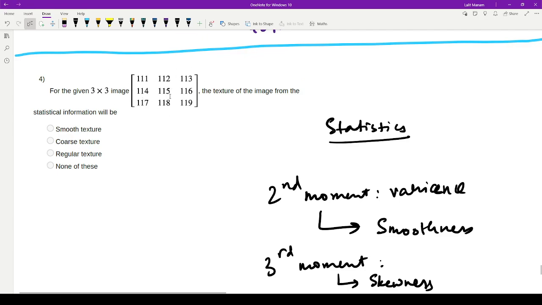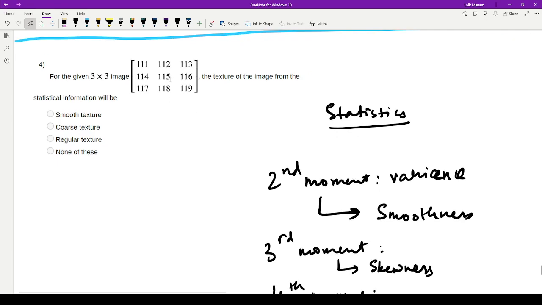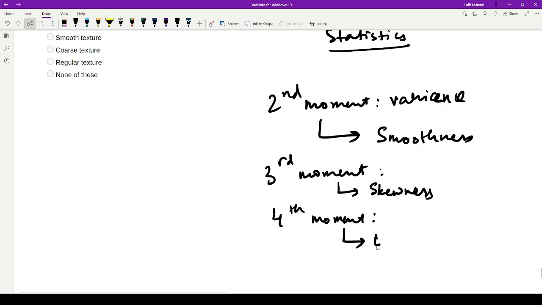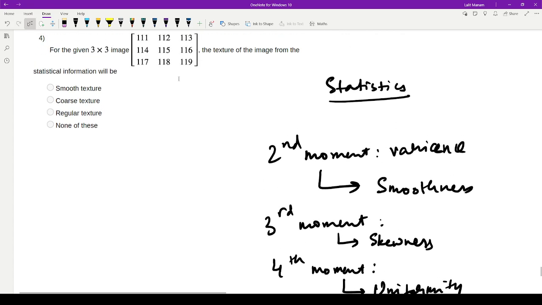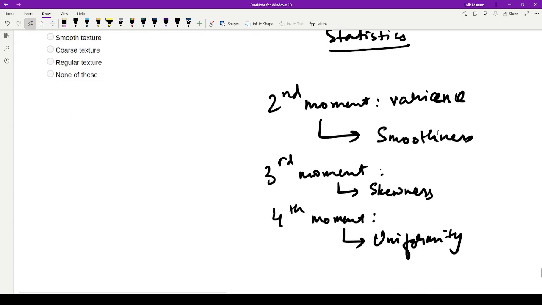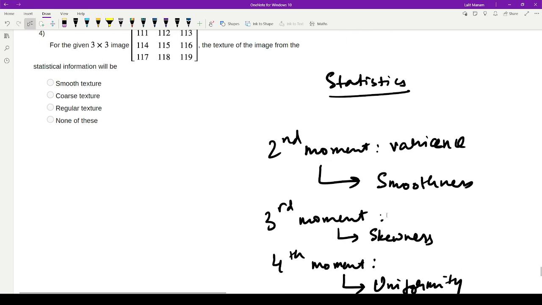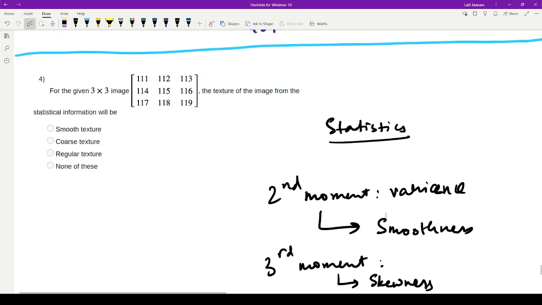The pixel values are similar or not. Smoothness is also similar, but smoothness can differ from uniformity, which I will show you with an example as soon as we finish this question.